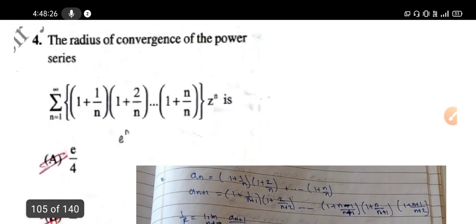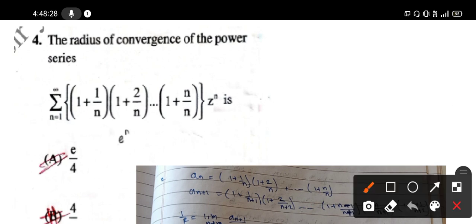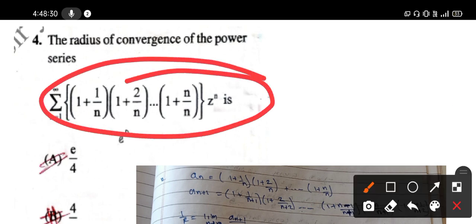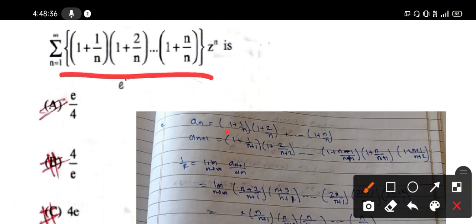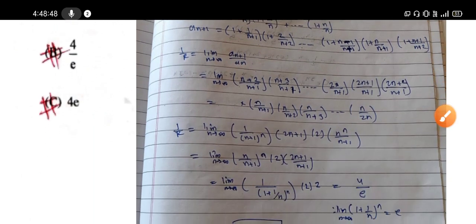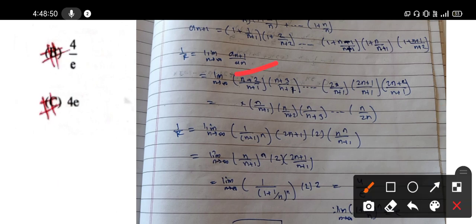The radius of convergence of the power series. Here the power series, find a_n and a_(n+1). What is the radius of convergence? 1 upon r is equal to the limit as n tends to infinity of a_(n+1) upon a_n. Put this in and cancel.